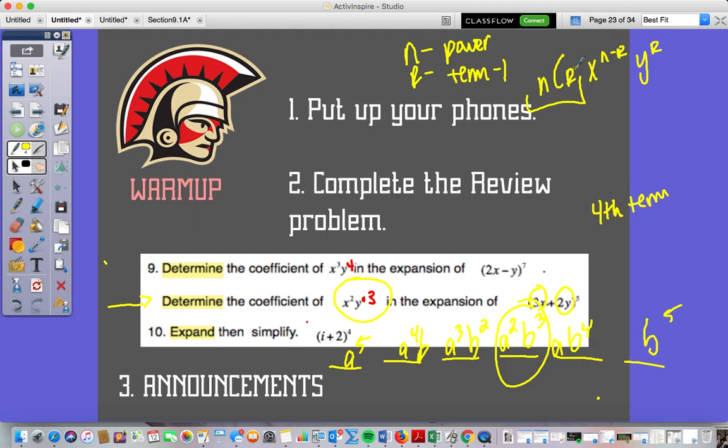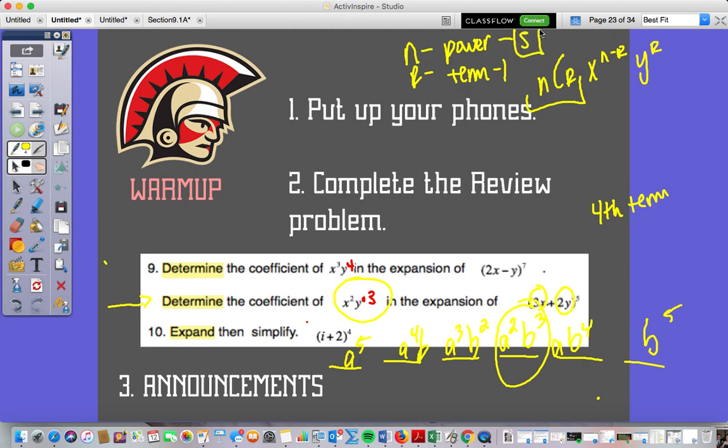The nice part about it is we know what x to the power of n minus r and y to the power of r is going to be. It's already been stated, right? x squared y to the 3rd. But we can show it just in case you need it. So the power up here would be to what power? What is the whole thing to? The 5th. So we got 5 as n.